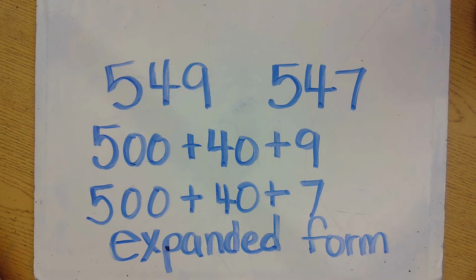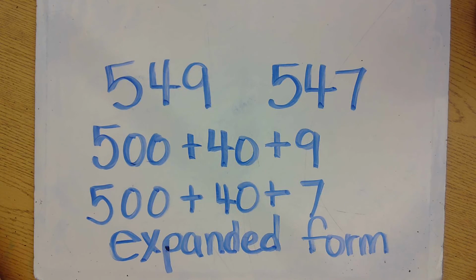So, how do we use expanded form to determine which number is larger? Well, I can look at each of the numbers in the expanded form. 500 plus 40 plus 9, 500 plus 40 plus 7, beginning with the hundreds to see if one is larger. Well, both of these have 500.